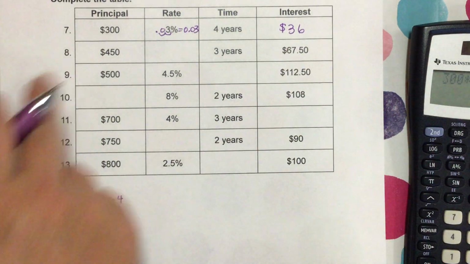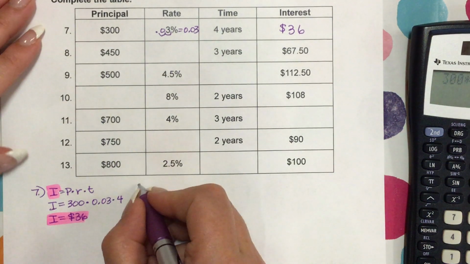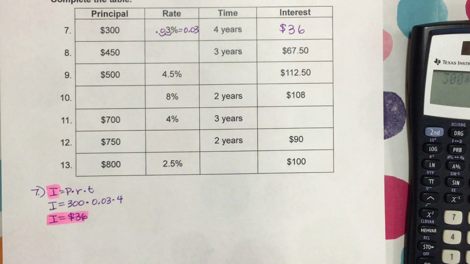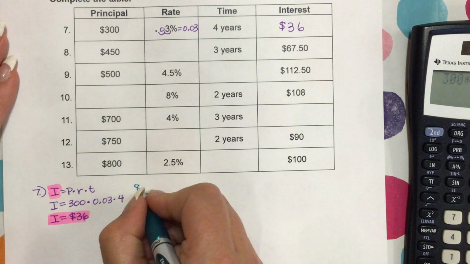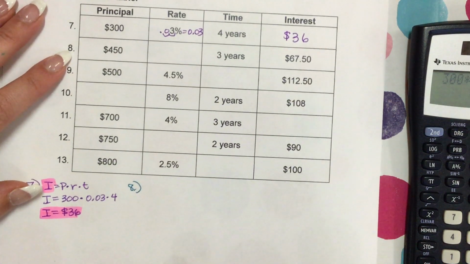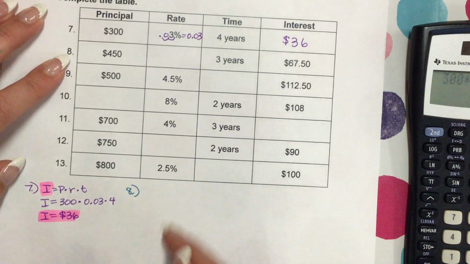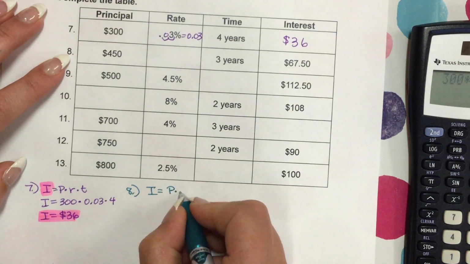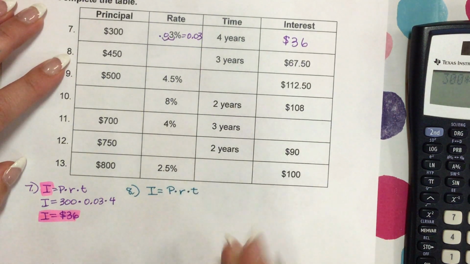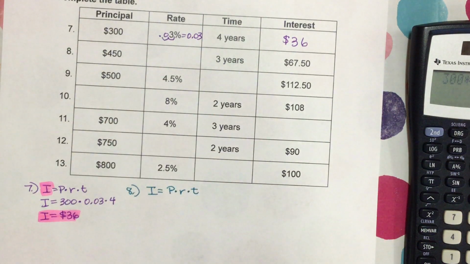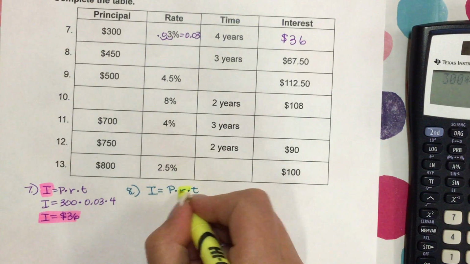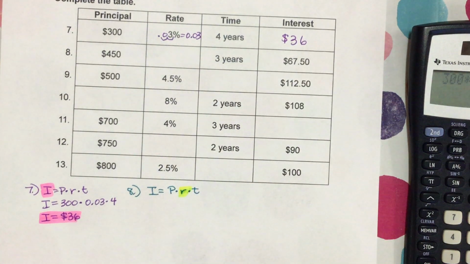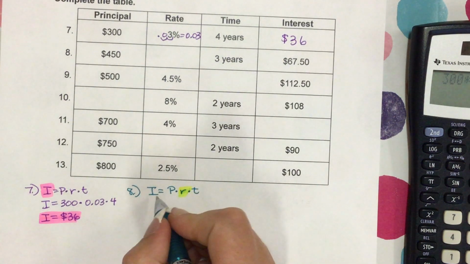Okay, let's go ahead and do problem 8 together. So for problem 8, we're going to be using the same formula. The interest earned equals the principal multiplied by the rate multiplied by time. Except now we are trying to determine what the rate is. Okay, we have all the other values, so we're just going to substitute those in.